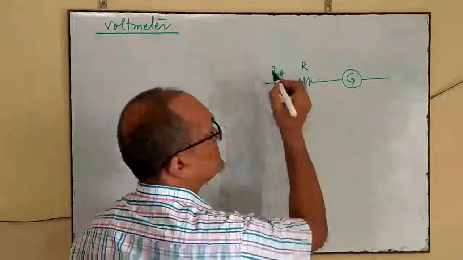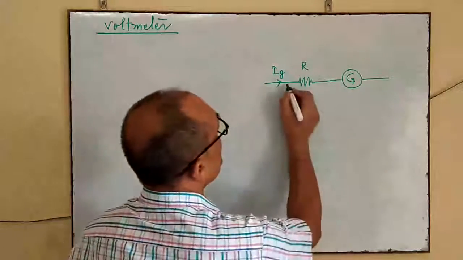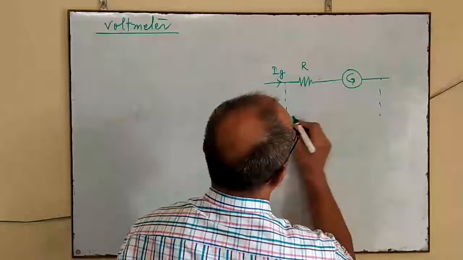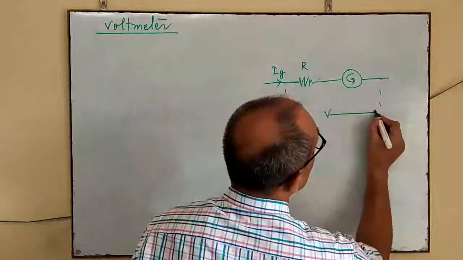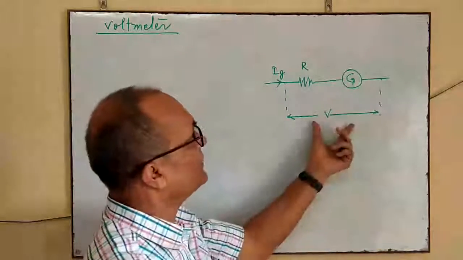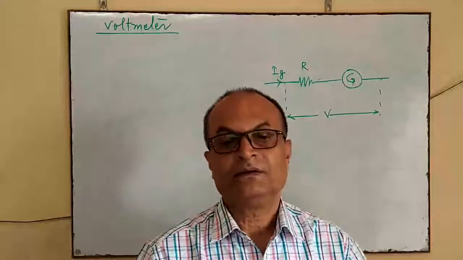So let this current be Ig, and the potential difference is V across the combination of galvanometer and resistance.